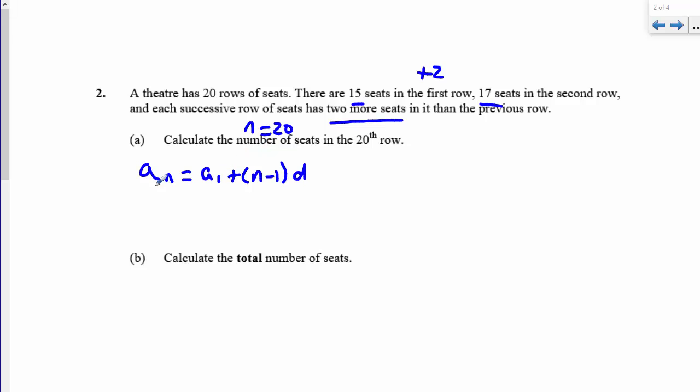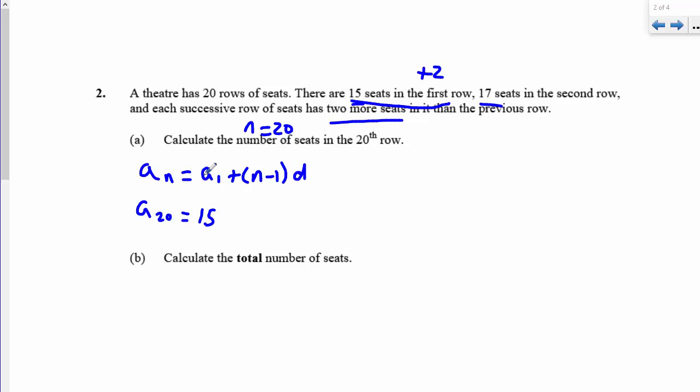Okay, n is 20, and what this is equal to will be the number of seats in that 20th row. All right, so we're going to say n is 20. That's what n is. a1 is the first row, but a1 itself is the number of seats in the first row, which they tell me right here. In the first row there's how many seats? There's 15. So a1 is 15.